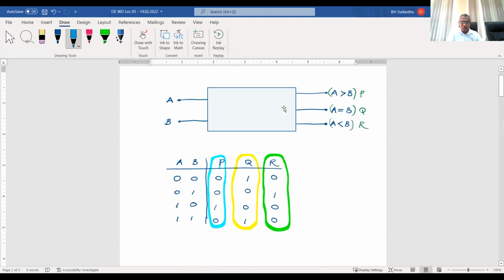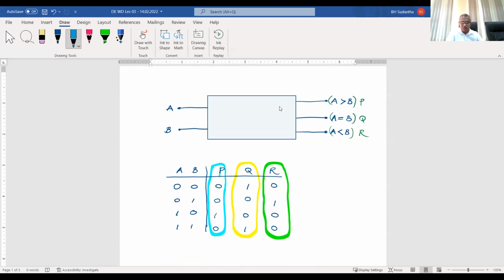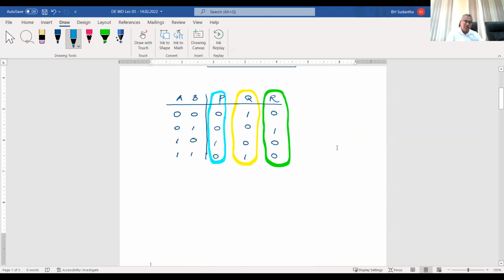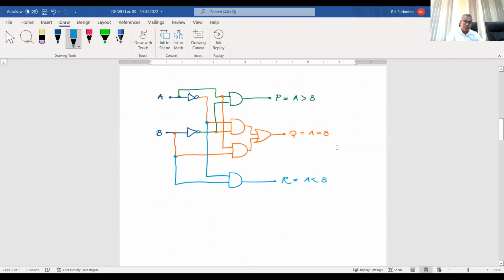The block diagram shows it. These are the 2 inputs, and we will end up having these 3 lines. Yeah, and this is the circuit.